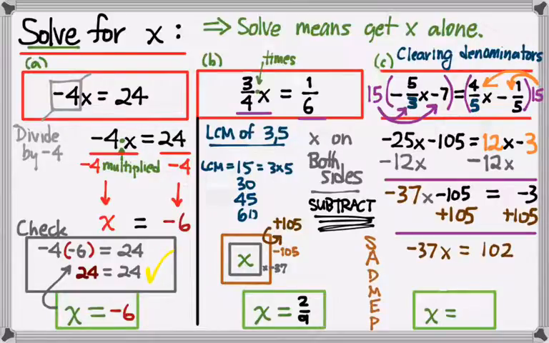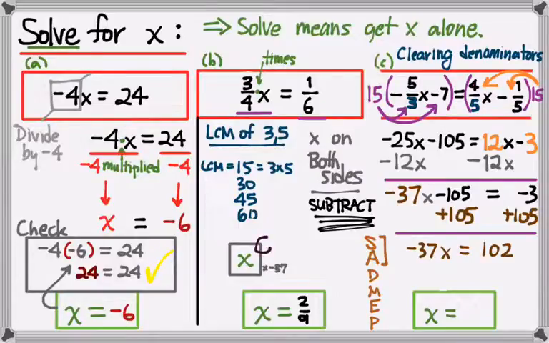After I've added 105, I've taken care of all the addition and subtraction present in my equation. And only then should I think about the next innermost box. Now I still have multiplication by negative 37 on the left-hand side. How do I undo multiplication by negative 37?